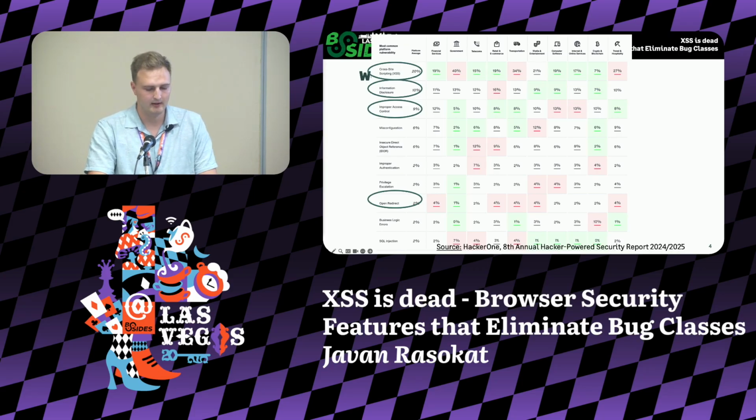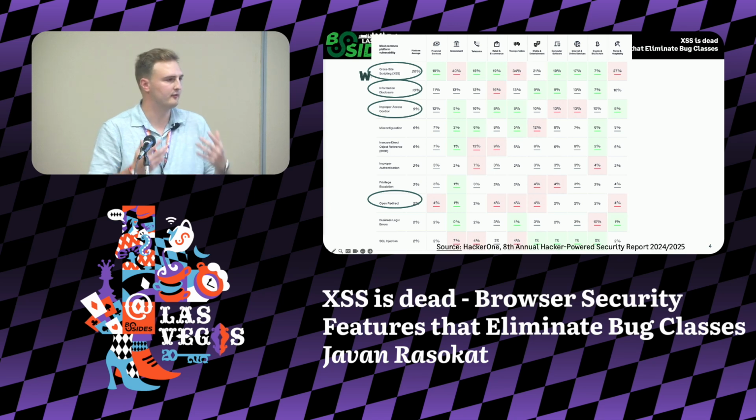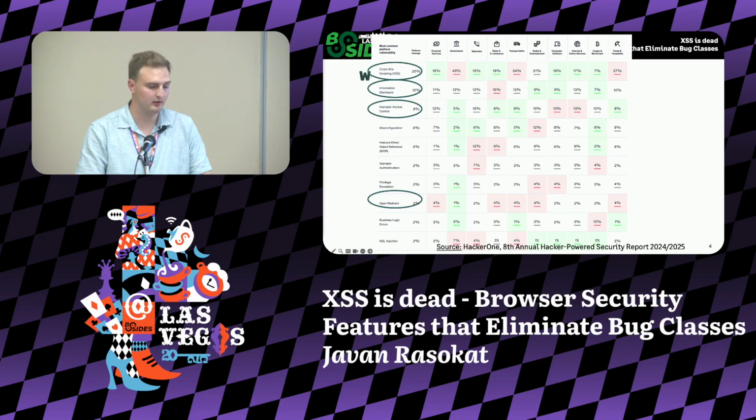And second, attackers still find very innovative ways to bypass those defenses. For me, this is proof that we need layered defenses, multiple defenses, and we will look at those browser security features which we can use. So even if you forgot to do proper output encoding, you still have a strict content security policy, which then blocks that cross-site scripting attack.